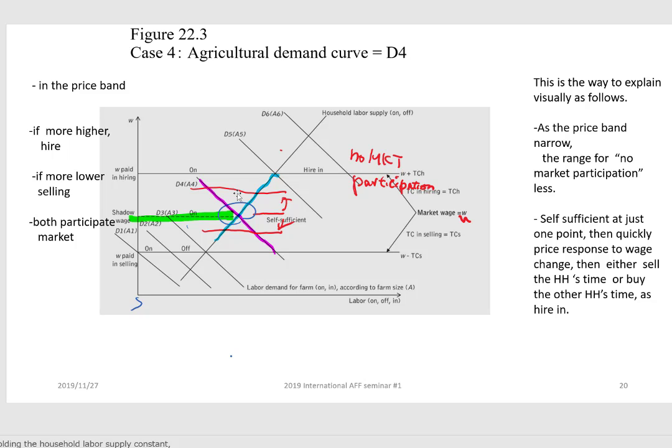Then we can observe a quick price response.